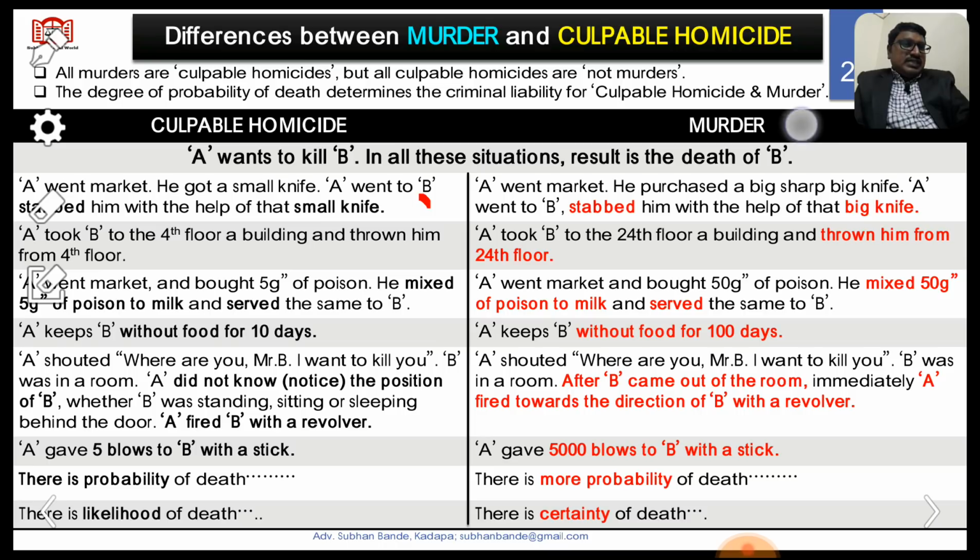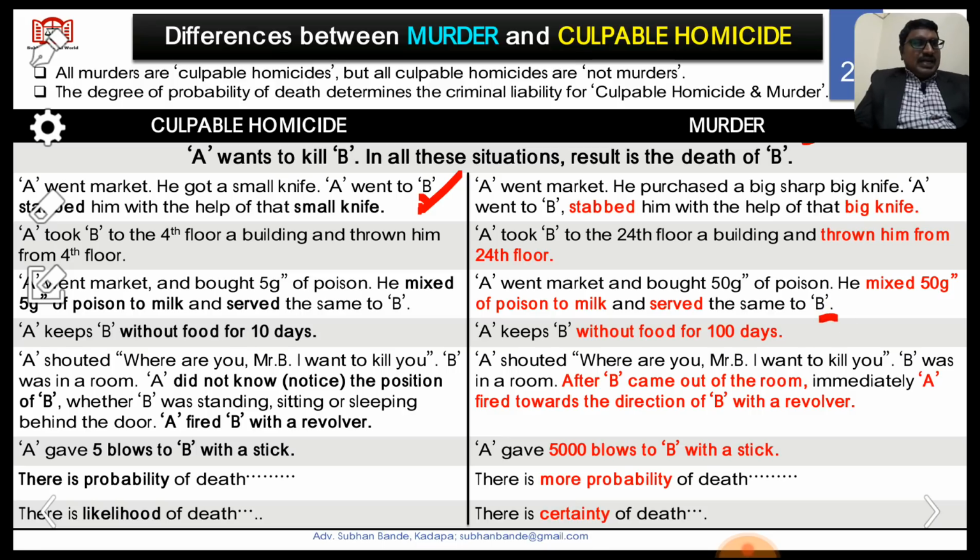As we know, the result is the death of Mr. B. Then in the second situation, A went to the market and purchased a big sharp knife.